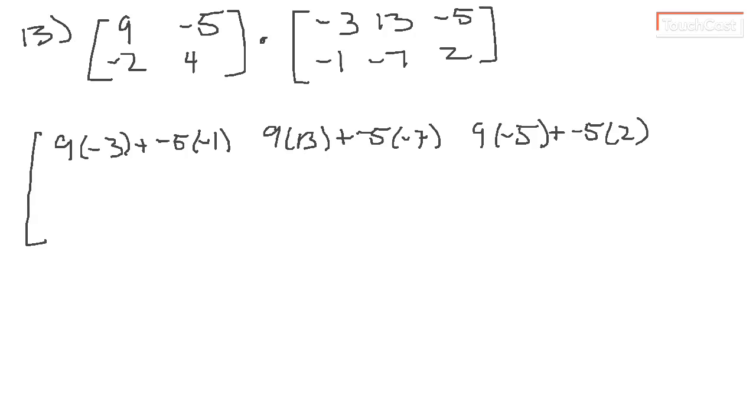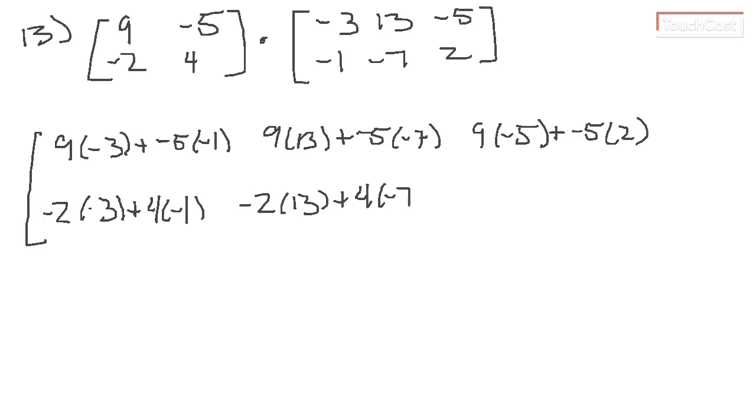Now in our second row, we're going to have -2 times -3 plus 4 times -1, and -2 times 13 plus 4 times -7, and -2 times -5 plus 4 times 2.